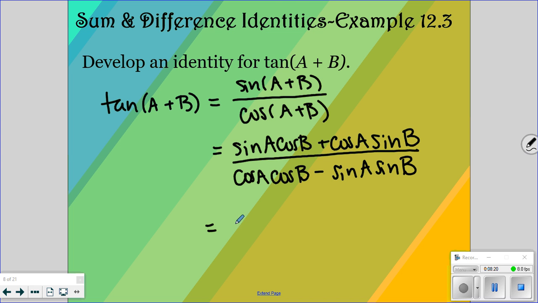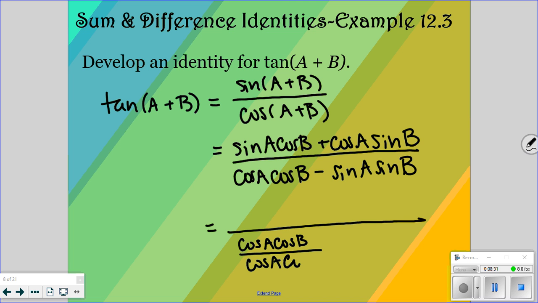So to make this cosine of A, cosine of B into a 1, you're going to divide it by cosine of A, cosine of B, because those are going to cancel, and that'll just leave you with a 1 for that term. And so you're going to do that for the other 3 terms as well. Divide them by cosine of A, cosine of B.